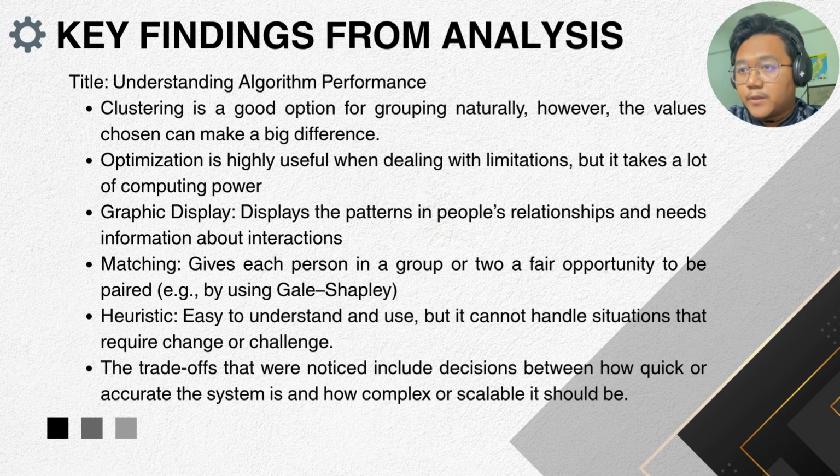The graph displays the pattern of people's relationships and needs information about interactions. Matching gives each person in a group or two a fair opportunity to be paired, for example, by using Gale-Shapley.